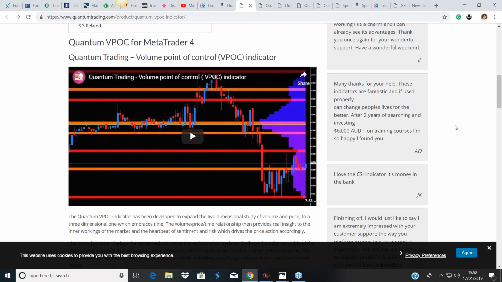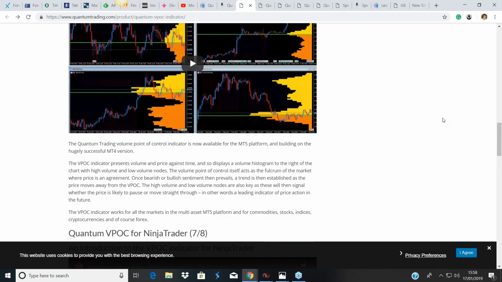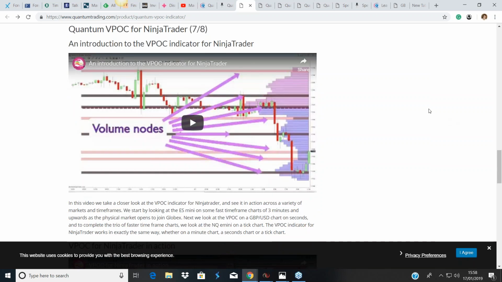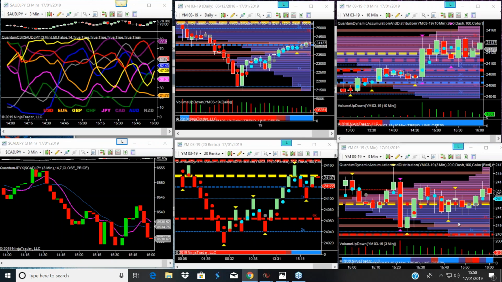Everything is laid out on this page now much more easily, with videos and support pages as well, as you're talking about the low volume and high volume nodes and how you need to interpret them to make sense of what is happening to the price action that is developing on your screen, but also how they are going to come into play as the price action then moves into one of these regions.